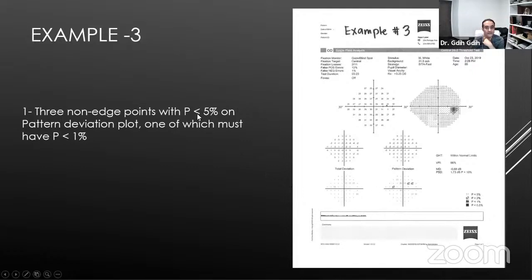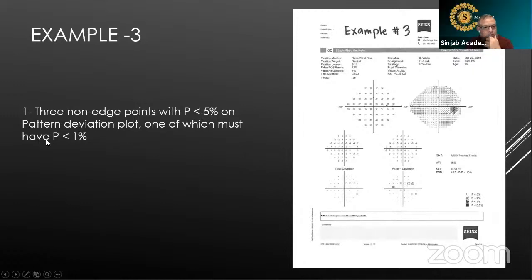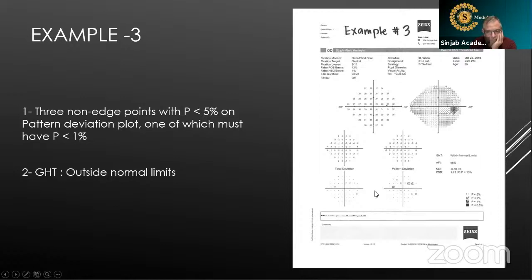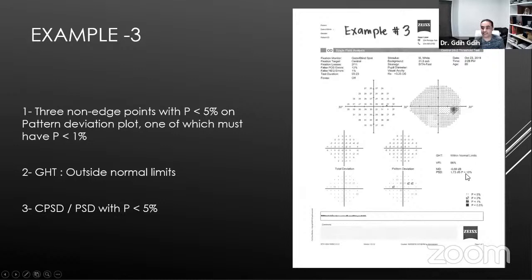Are the p-values of all of them less than 5%? Yes. But none of them is less than 1%. Exactly. So we have lost it right there. How about the glaucoma hemifield test? It's normal. Within normal. We lost another point. And CPSD, what does it say here? Or PSD, sorry. Less than 10. We lost, right? Yeah. So loss.